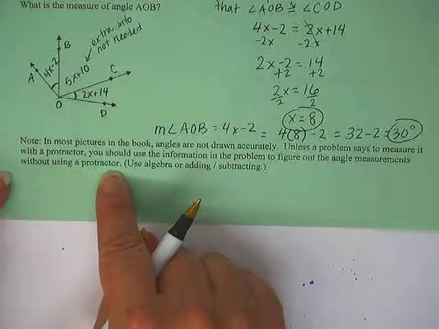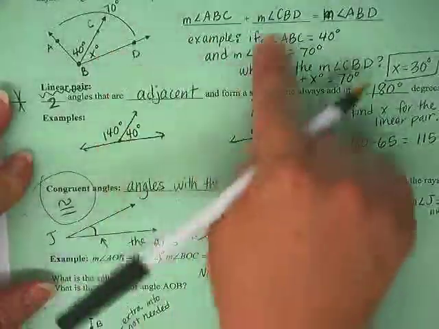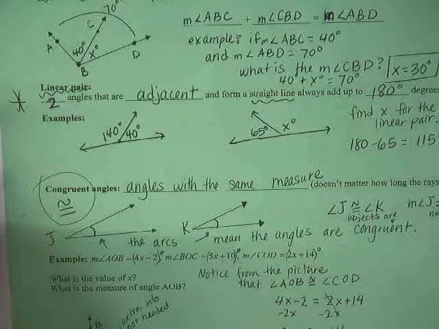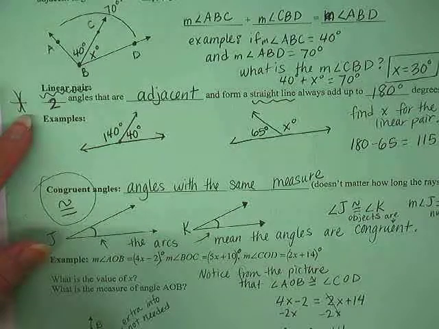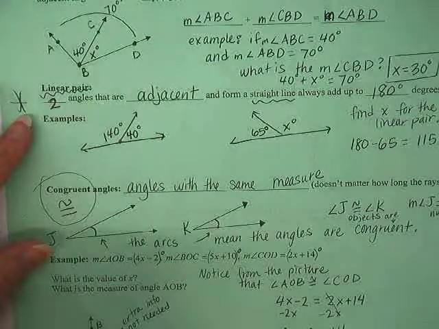Notice the note at the bottom of my page here. Note: in most pictures in the book and on my notes, angles are not drawn accurately. Unless a problem says to measure it with a protractor, you should use the information in the problem to figure it out without using a protractor. Notice how we did this problem without using a protractor because it was not drawn exactly right.